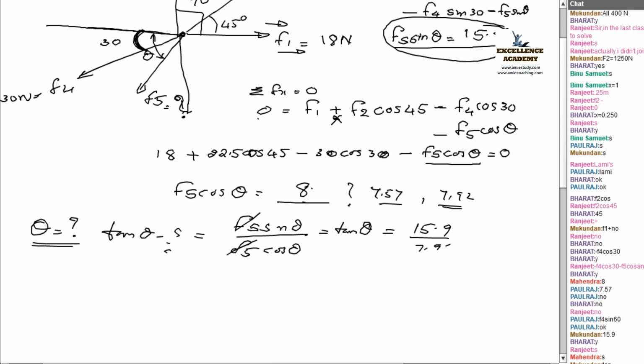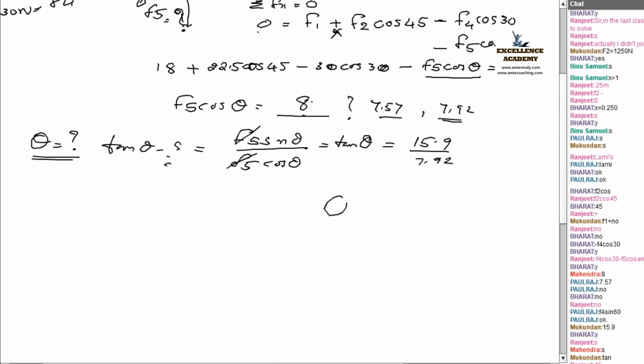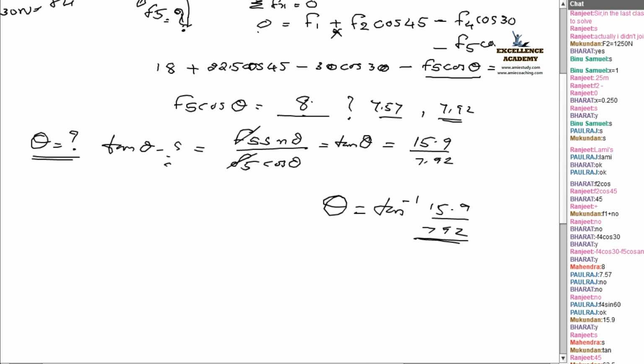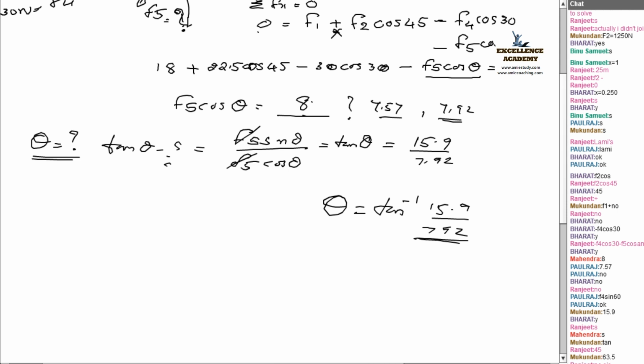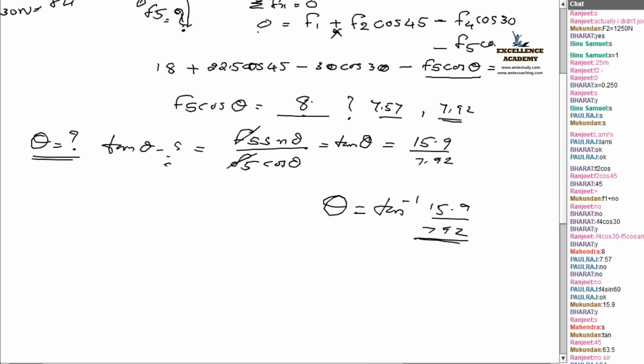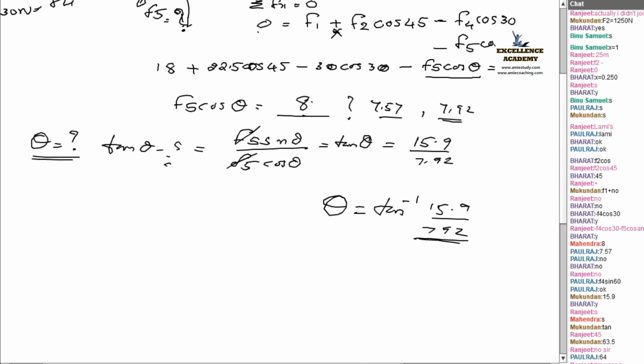15.9 by 7.92. I got it like this. And hence I can find out theta equals tan inverse 15.9 by 7.92. Genji says that it is 45. Mukundan says that it is 63.5, which is right. 64, okay, fine.